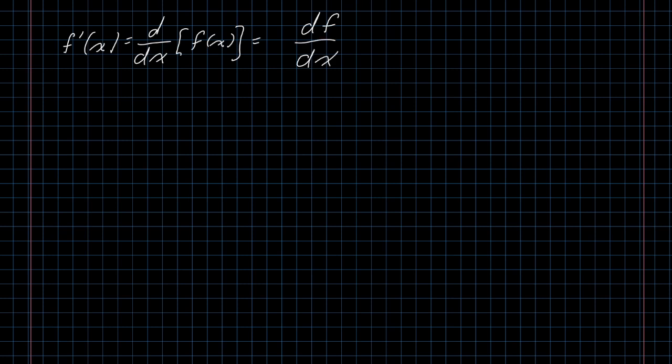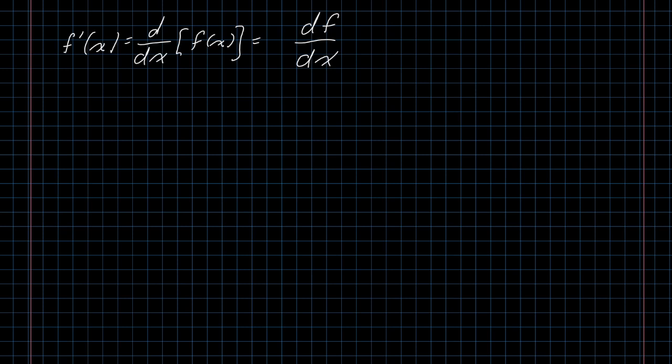The other thing that I want to mention in this video about higher order derivatives is the notation. The first derivative, f prime of x, we sometimes note with the differential operator, d dx, acting on f of x, and sometimes we'll write that even as df dx.